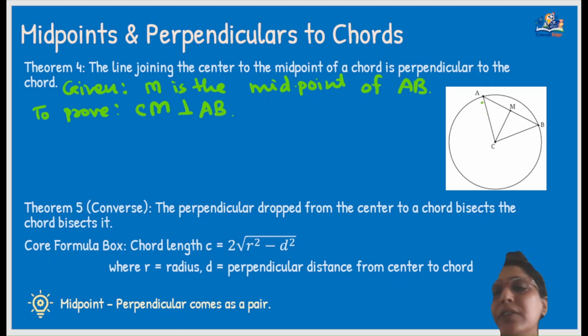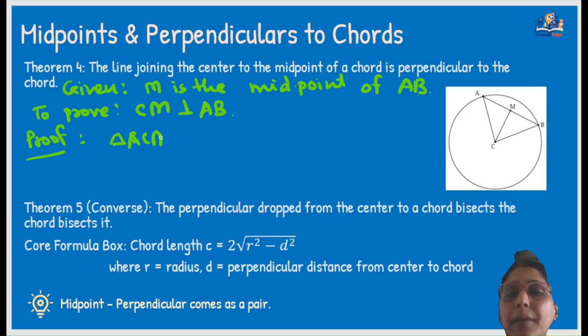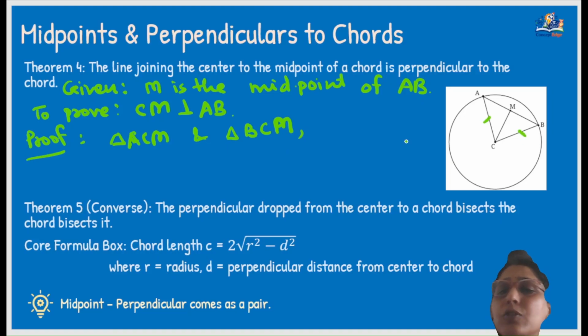Again, I'll join AC and BC. Now I'll take two triangles, triangle ACM and triangle BCM. Here AC equals BC because they are radii.